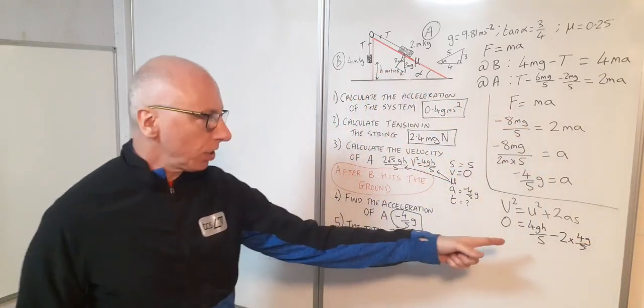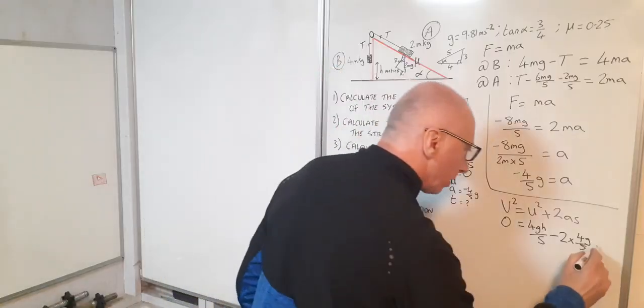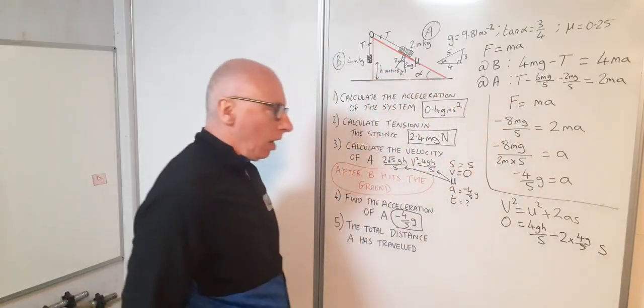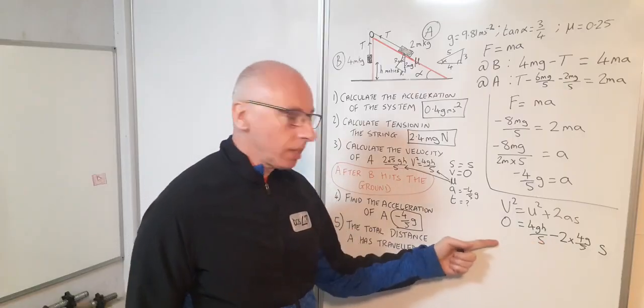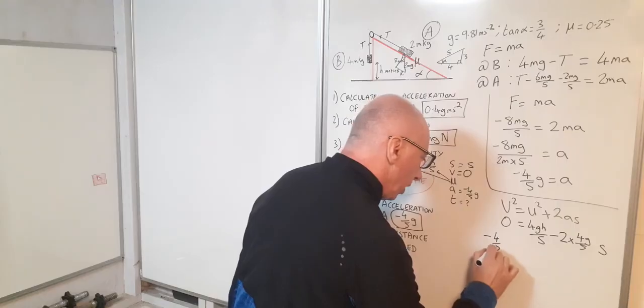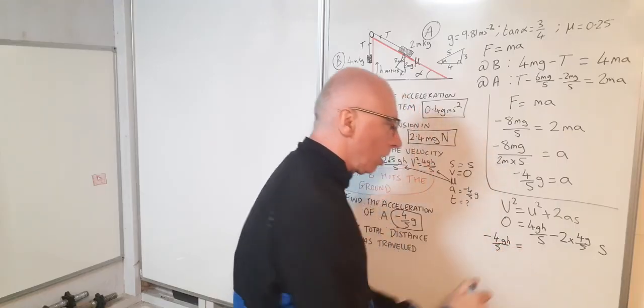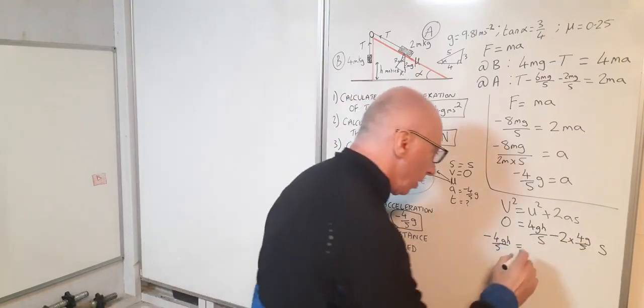So that's my acceleration times 2. And s, that's what we need to find. That's our distance. Okay, let's bring this over to this side. So now I've got minus 4/5 gh equals minus 8g over 5.